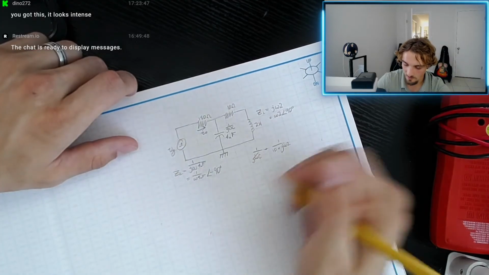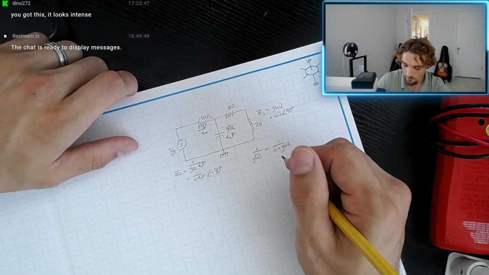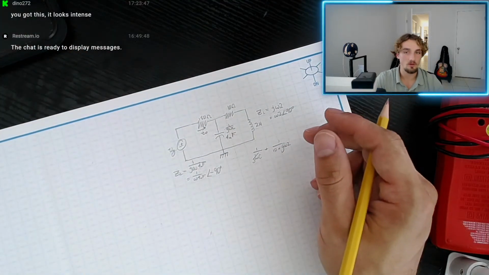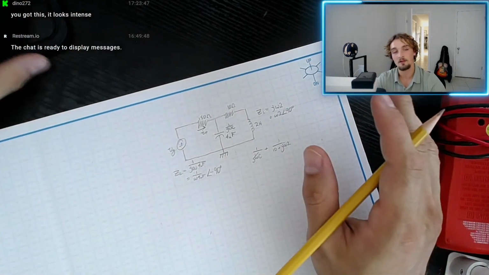This takes us back to where we were earlier. 1 divided by 1 over J omega C. See, now I'm on a roll. Now I'm in the flow. Now I understand what's going on. Let's solve this problem and call it good.